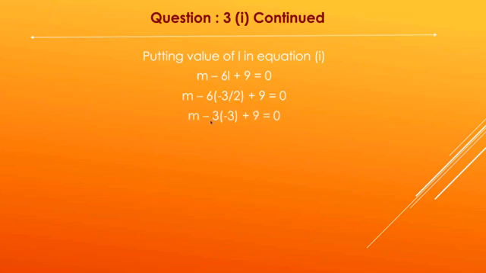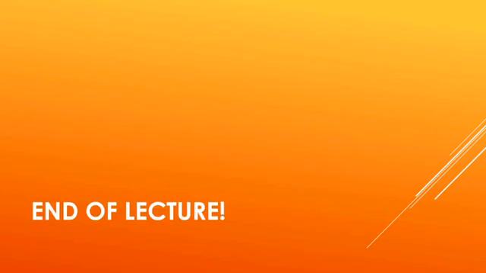So m minus 3 into minus 3, it will be plus 9. M plus 9 is equal to 0. M plus 18 is equal to 0. So m is equal to minus 18. We have already found the value of L. Now we have the value of m. So this was the end of the question.